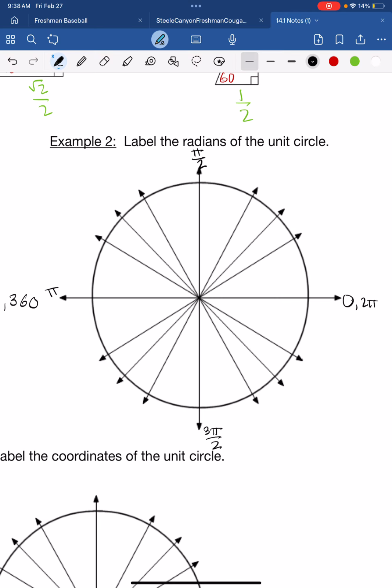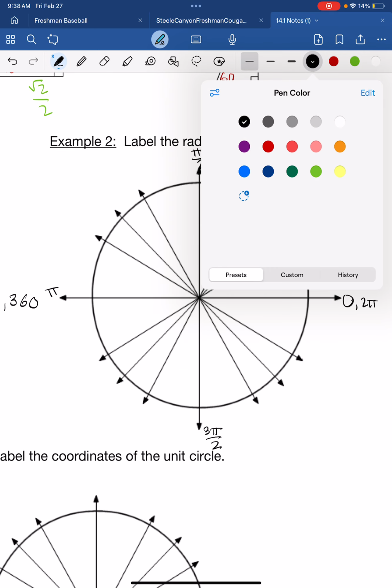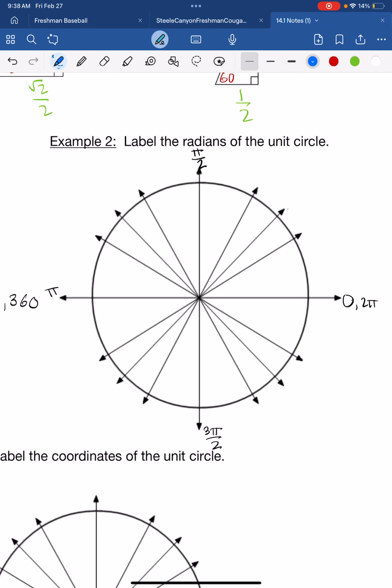All right, so similar to the degrees, in each quadrant we're going to have 3 angles. This first one is going to be pi over 6 right there. The next one will be pi over 4. And then our final one right here will be pi over 3.